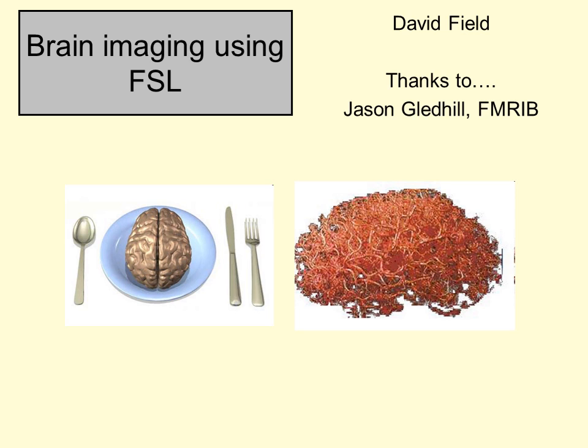That image is important because that's what we're actually imaging when we're using fMRI. We're imaging something to do with the blood supply system to the brain, right down to the small capillaries, but also including some of the larger blood vessels.